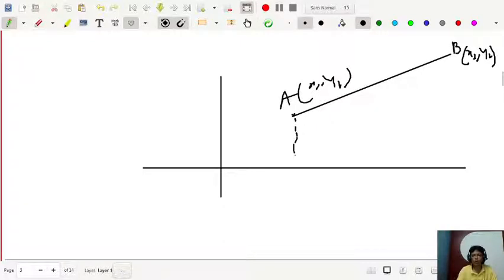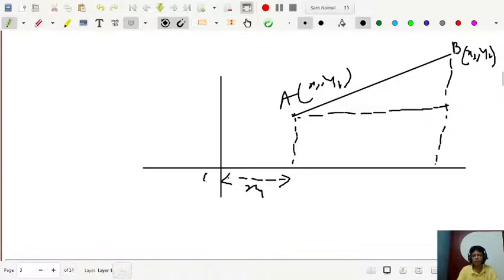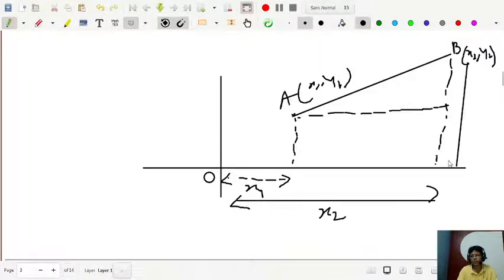If you draw the perpendiculars, this length from the origin is x1, and this length is x2. This length is y2, and this length is y1. And you extend the line.